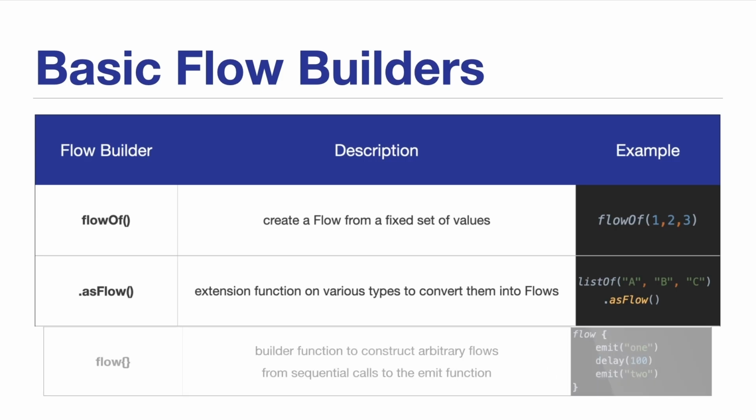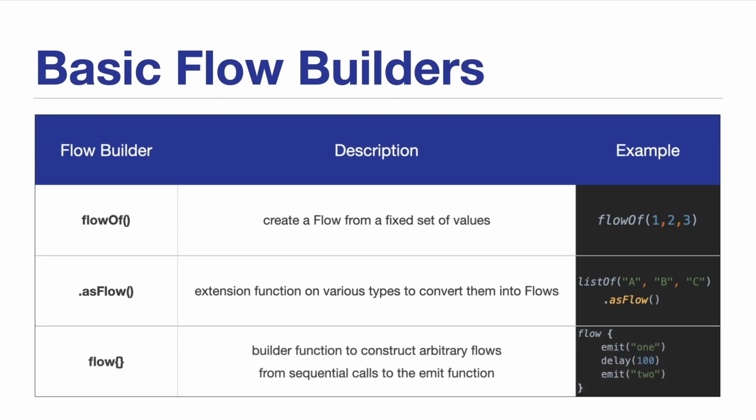Last but not least, we used the flow builder, which is the most flexible one because it's a builder function to construct arbitrary flows from sequential calls to the emit function. Okay, so now we have all the knowledge that we need in order to create a first flow in our use case, so let's jump back to our use case in the next lecture.